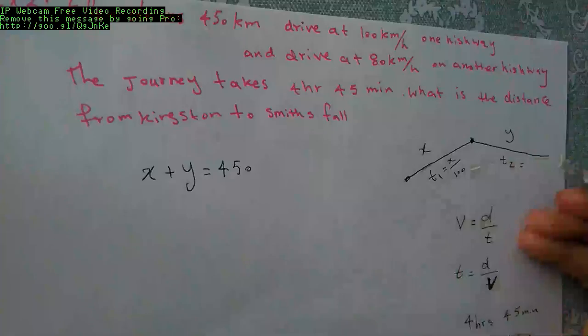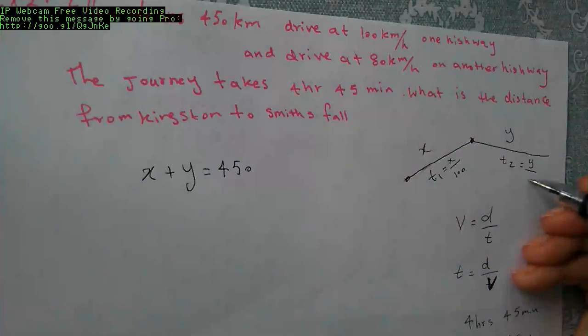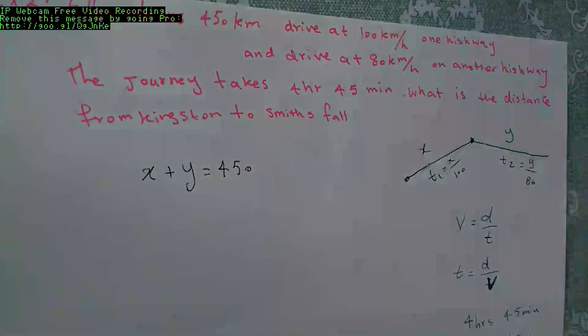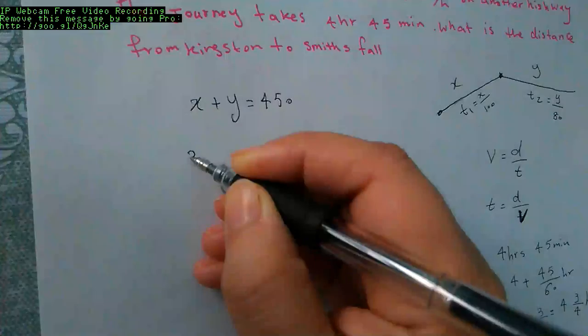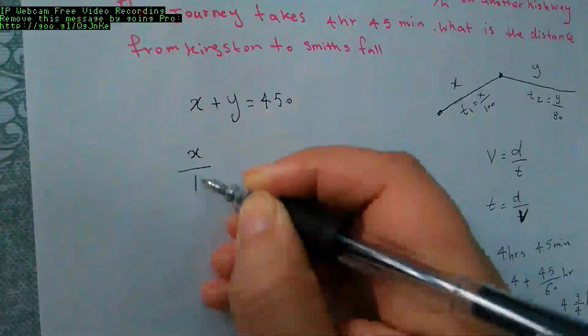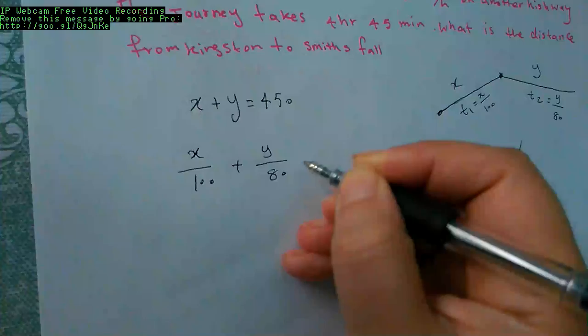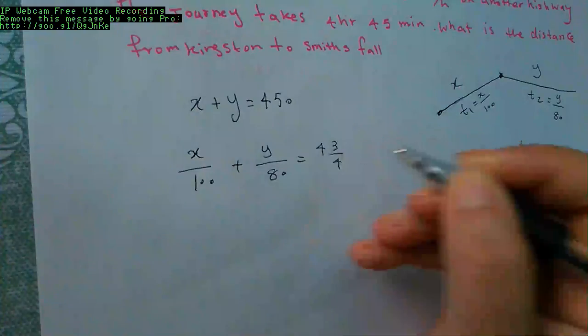The distance here is y and the velocity is 80 kilometers per hour on the other highway. So the total hours is x over 100 plus y over 80, which should equal 4 and 3/4, right?